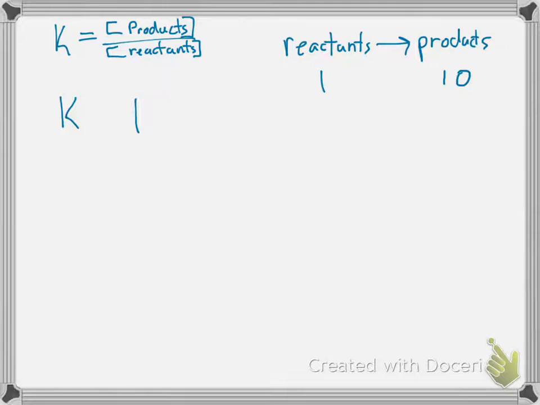Well, what would end up happening is if we have more products, the K-value would be greater than 1 because 10 over 1 is greater than 1. If you have more of a numerator than you have in the denominator, it's going to be greater than 1. But what about if we had more reactant?